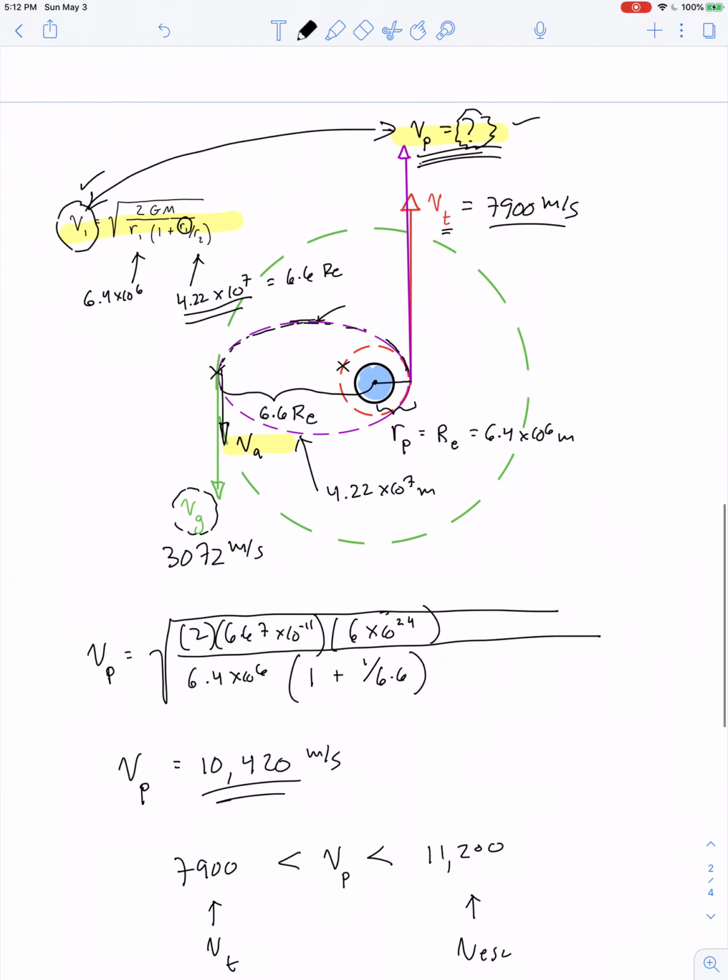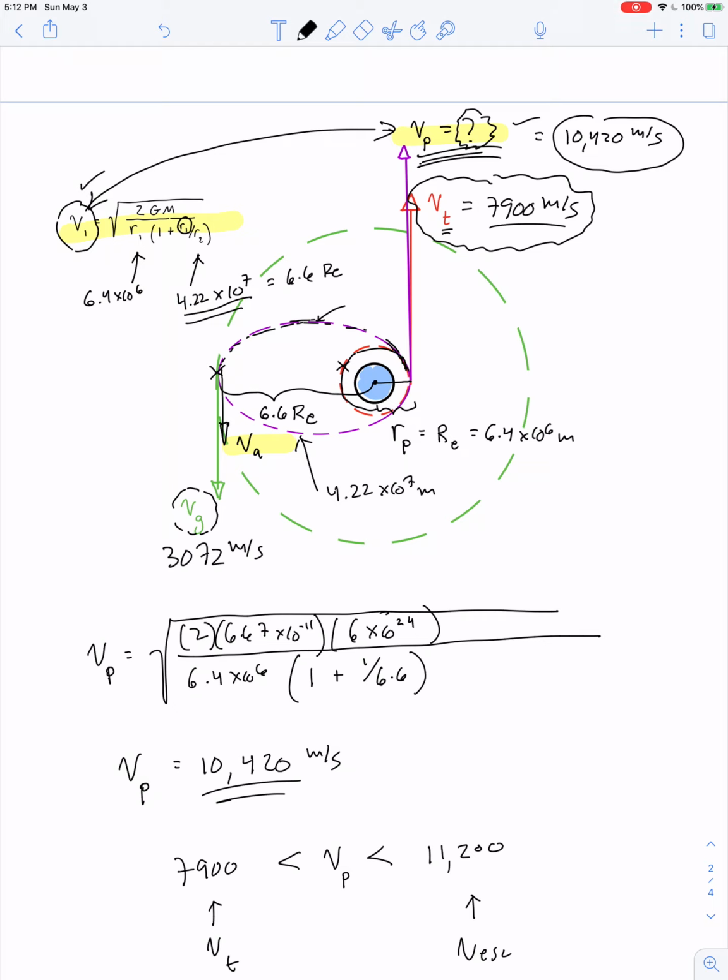So there, we can label that. This value is 10,420 meters per second. So that's step 2 of the Hohmann transfer. Step 1 of the Hohmann transfer is get a treetop orbit established. Step 2, at some point along that circular path, thrust and increase the speed to 10,420 meters per second.